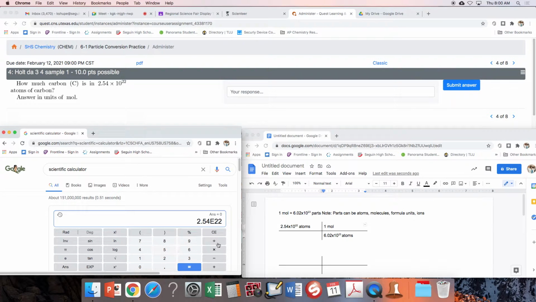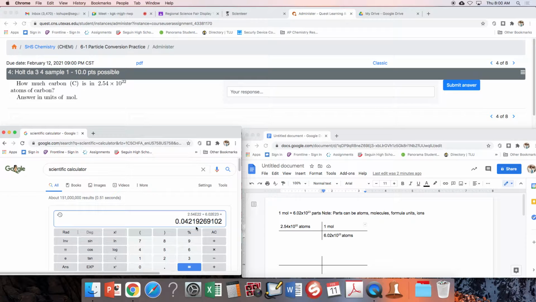Now we need to divide by my 6.02. So we're going to do the same thing again. 6.02, this is going to replace times 10 to the power of 23. 6.02E23 is treated as a single number, so you don't run into order of operations issues. We hit enter. This is my answer.